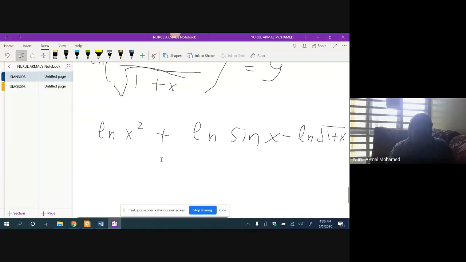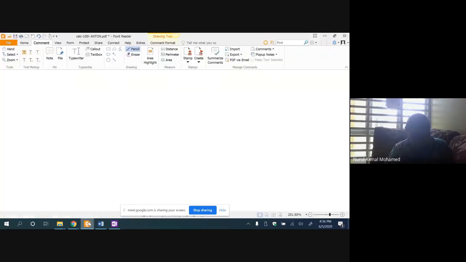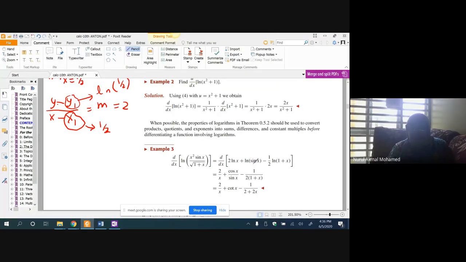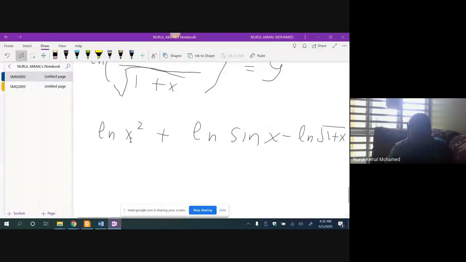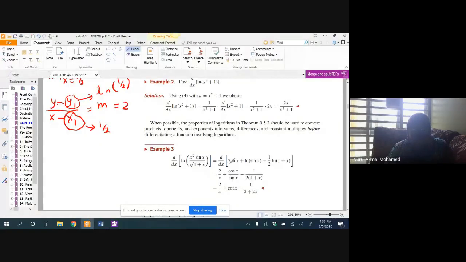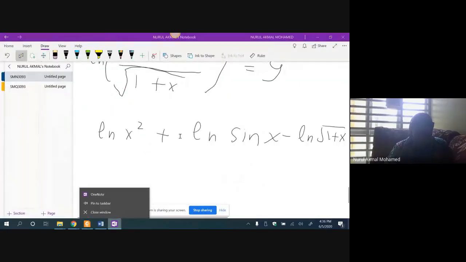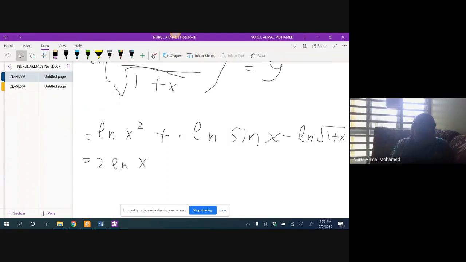So we get 2 ln x plus ln sine x minus 1/2 ln(1 plus x). How do they get 2 here? It is because ln x squared is equal to 2 ln x. And the square root of 1 plus x is the power of 1/2, so it is 1/2 ln(1 plus x).